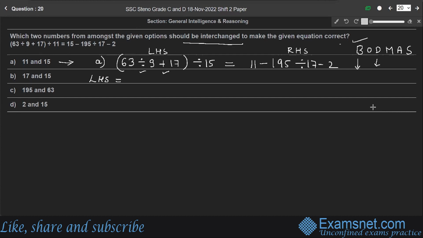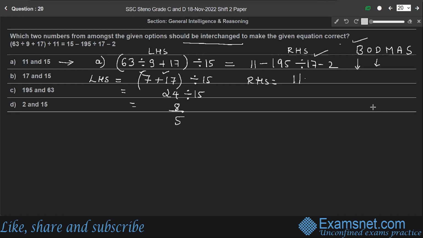Go for division first. 63 by 9 is 7, plus 17, divided by 15. 7 plus 17 is 24 divided by 15. 24 by 15 is 8 by 5. Whereas the right hand side is equal to, if we apply the BODMAS rule, we have to consider 195 by 17.